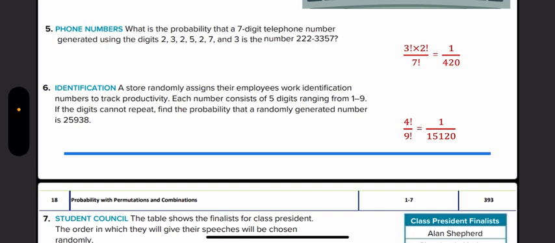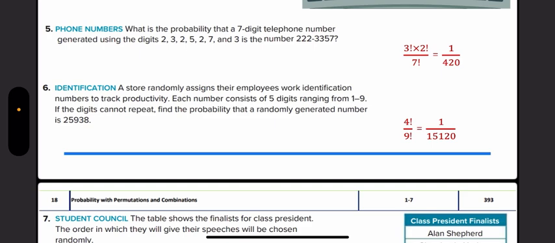Now, he's asking what is the probability that the telephone number is 2223357. My question is, how many digits am I choosing now? 1, 2, 3, 4, 5, 6, 7. So I have chosen 7 digits already, which means what is the remaining? Nothing. So I will not put any in this question.